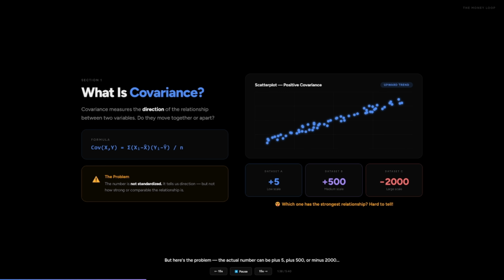Let's start with covariance. Covariance tells us whether two variables tend to move in the same direction or in opposite directions. If both variables usually rise together and fall together, covariance is positive. If one tends to rise while the other one falls, covariance is negative. Pretty simple. For example, imagine company profits and stock prices. If profits increase and the stock price also tends to increase, they have positive covariance.